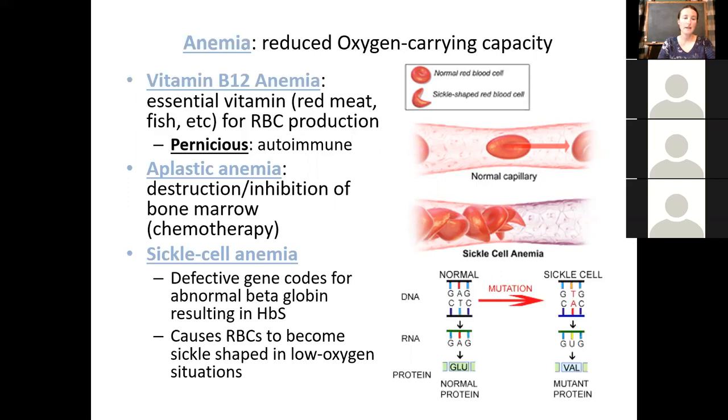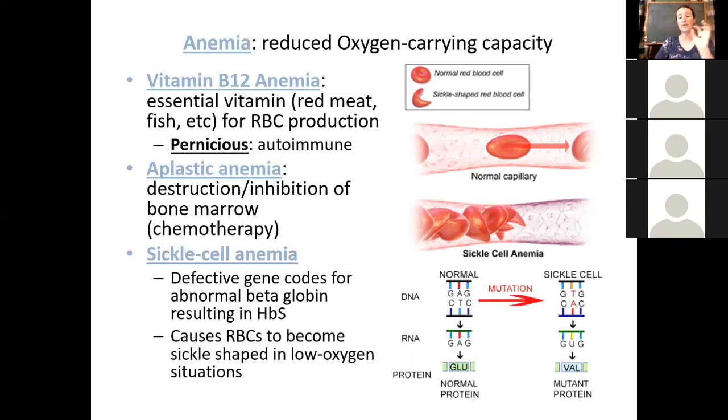Okay. And finally, sickle cell anemia, which is actually what one of the articles that half of you are going to read over the weekend is about. Sickle cell anemia is a condition with a single nucleotide polymorphism, just like you saw with hemophilia in Friday's lecture.